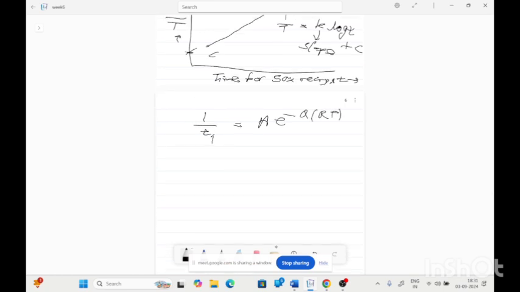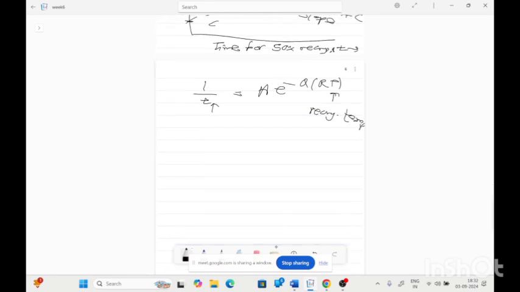So here t is the time and T is the recrystallization temperature. So here Q is a constant. Q is the activation energy for recrystallization.